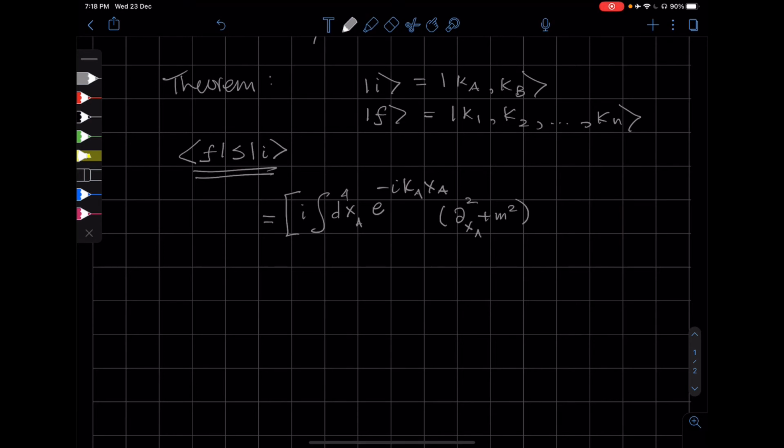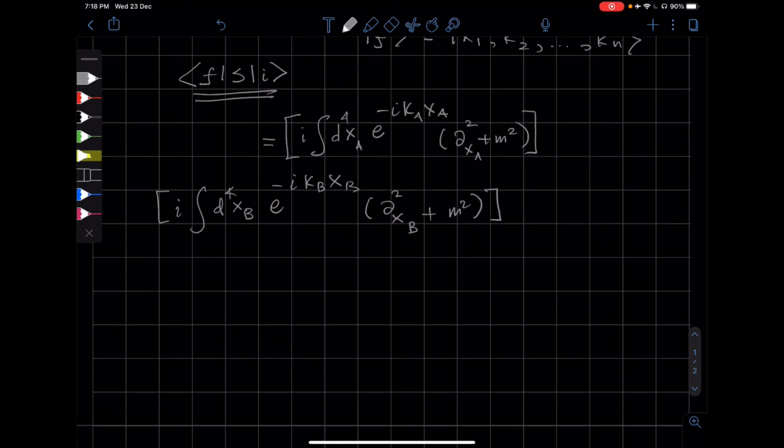So this is the wave operator. And then similarly, we are going to have another integral operator for the second incoming particle. So there'll be d^4 xb e^(-i kb xb) (del squared xb plus m squared).